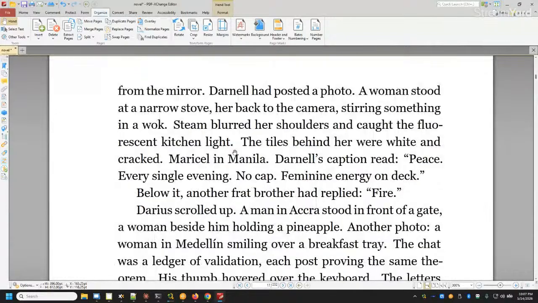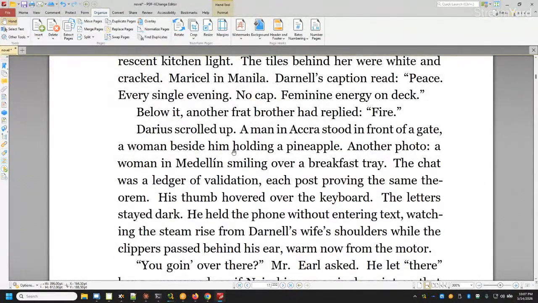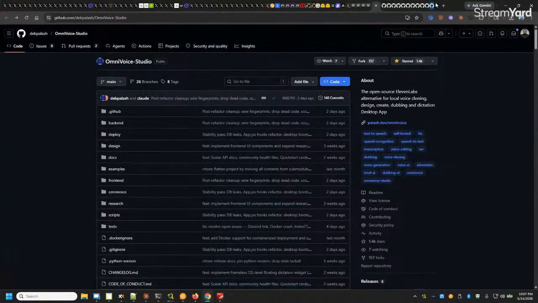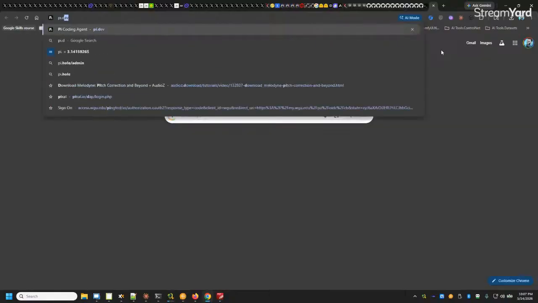It tells Pi. So Pi is another agent harness.